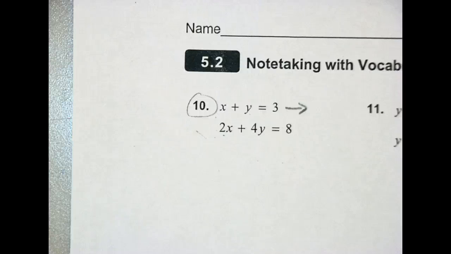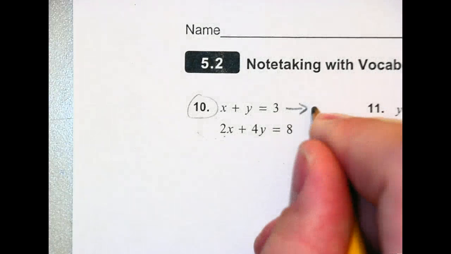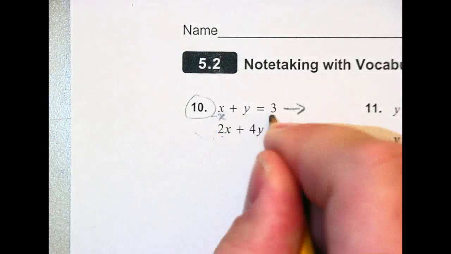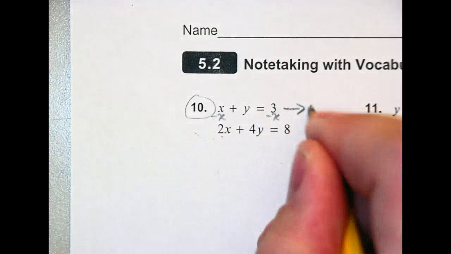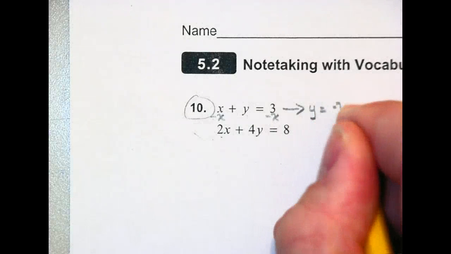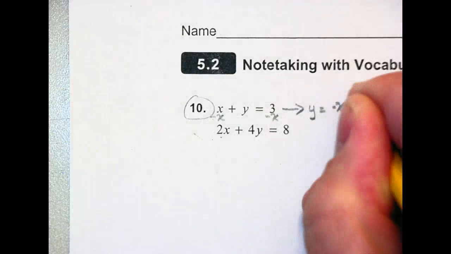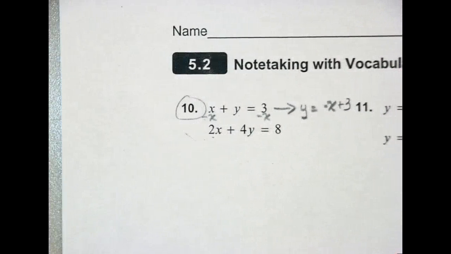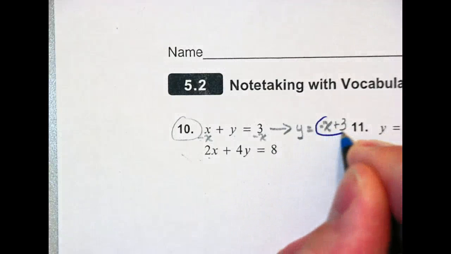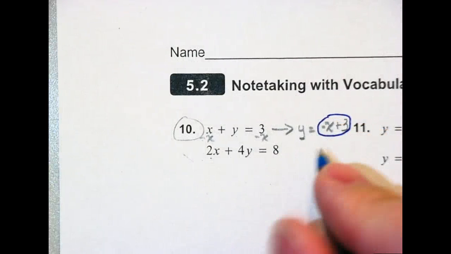So what am I going to do to solve for y? I've got to subtract x on both sides. That's why we spend so much time on that. So y equals negative x plus 3. Now we have an x or y by itself, so I can take this and plug that in for, where do I plug it in?